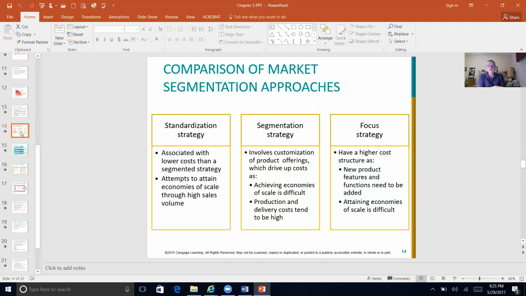One is to choose not to tailor, in other words, to have a standardization strategy, which does not tailor different offerings to different segments. Instead, it's going to produce and sell a standardized product that is targeted at the average customer. A lot of your computer manufacturers are doing that.